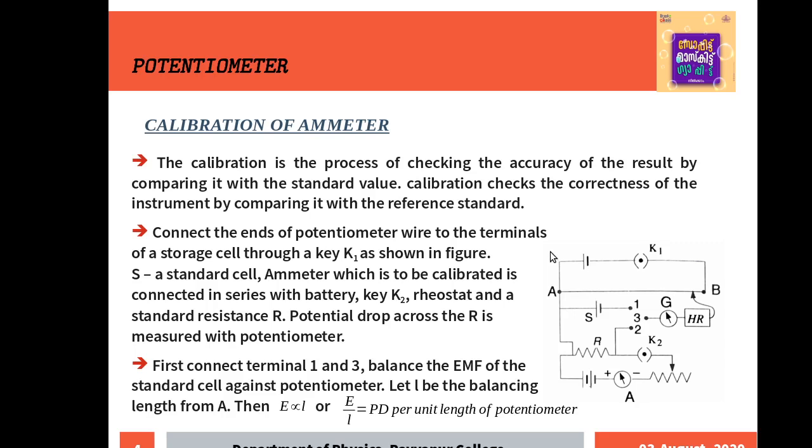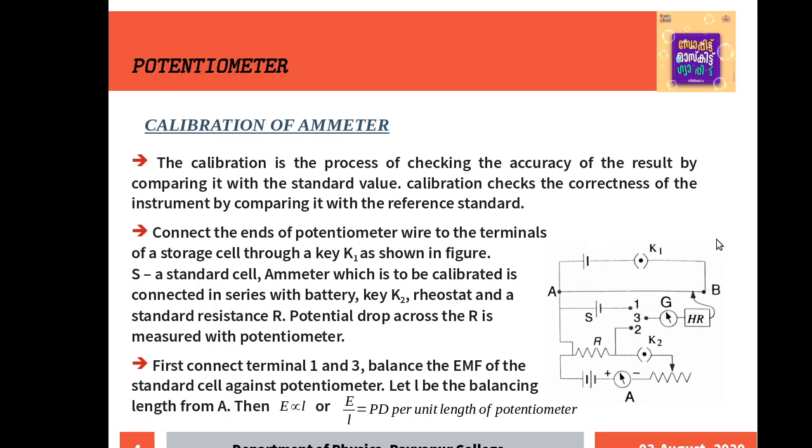The primary connections are the same. This is our primary circuit. In the primary circuit, the ends of the potentiometer wire are connected to two terminals of the cell. This is for the biasing of that potentiometer. Here one key will be there, and in your circuit there will be a rheostat to adjust the current to this wire.